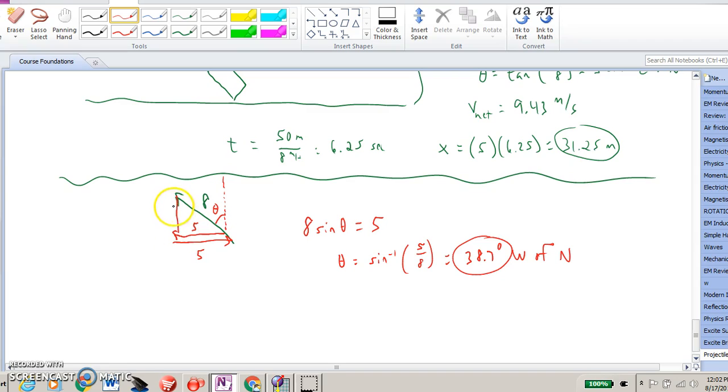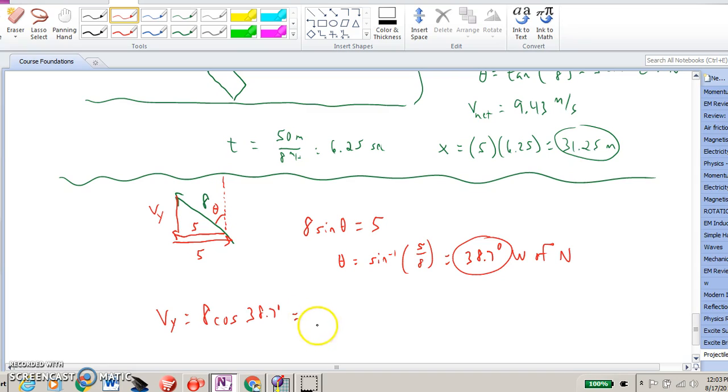Notice you have another side of the triangle here, your y velocity. Let's figure that out. That side is going to be your hypotenuse, 8 meters per second total, multiplied by the cosine of the angle we just found, 38.7 degrees.